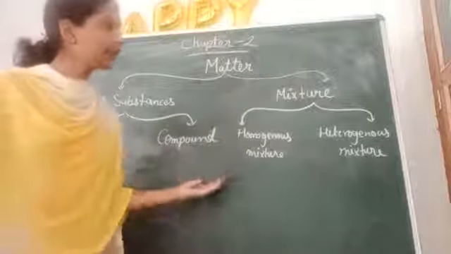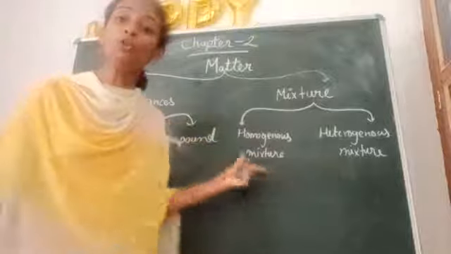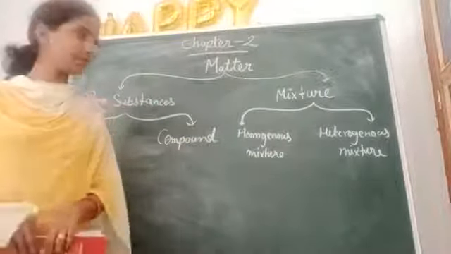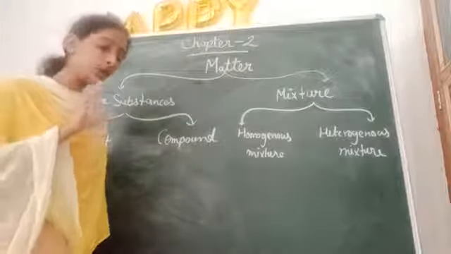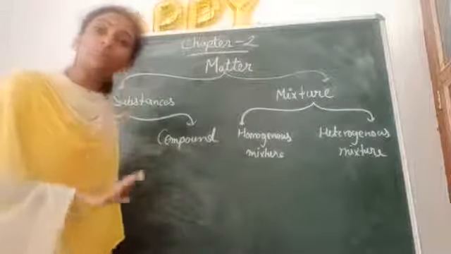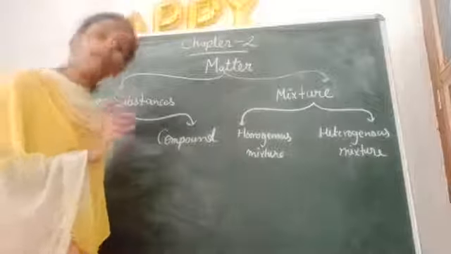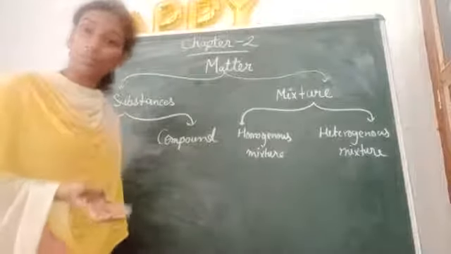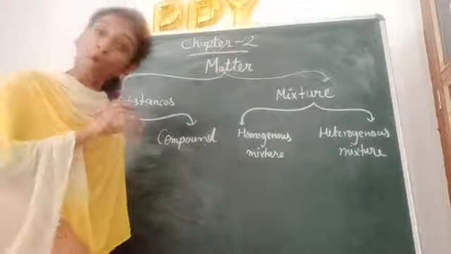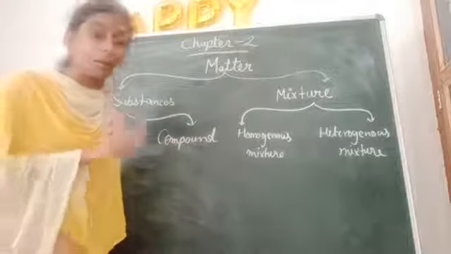They are also categorized into homogeneous mixture and heterogeneous mixture. Homogeneous means the same all around. If I take a cup of juice, the juice will appear the same throughout the glass. It contains protein, carbohydrate and some minerals. Although the juice is made up of different kinds of compounds, they look alike.